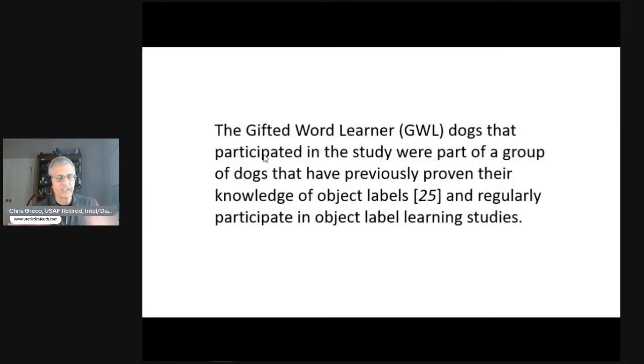All of this means that you cannot take this study and apply it to every dog. In fact, you can't apply it to many dogs. In fact, you can only apply it to some dogs, these specific gifted word learner dogs, period. That's it. So this is something that is very, very important. The sampling is done from a specific population, not from dogs in general, period.